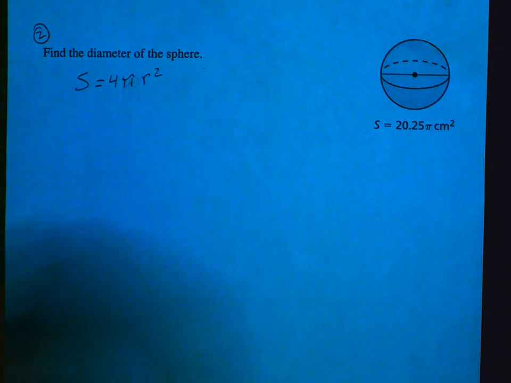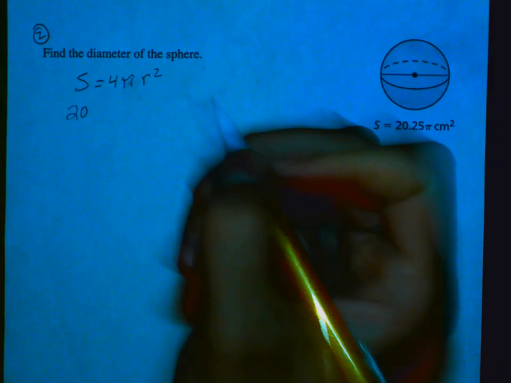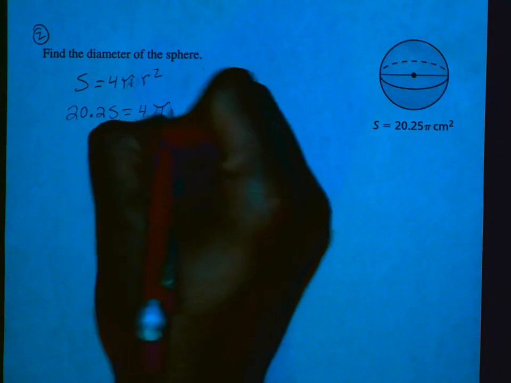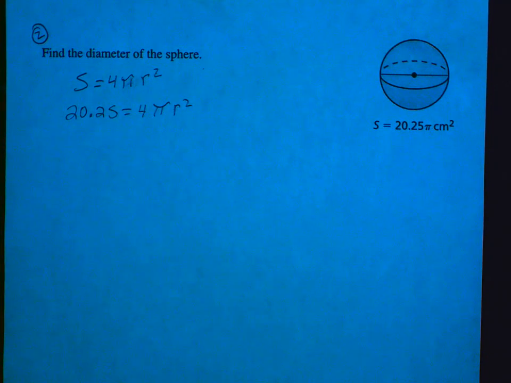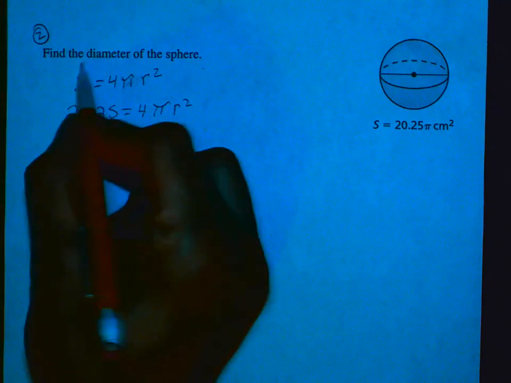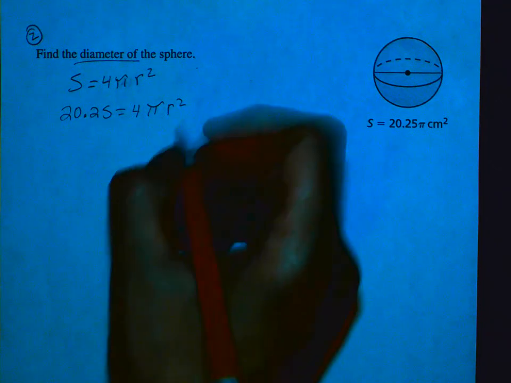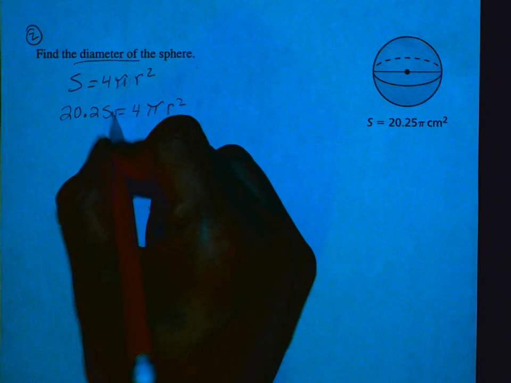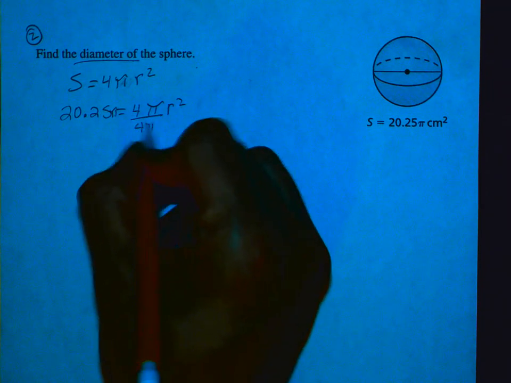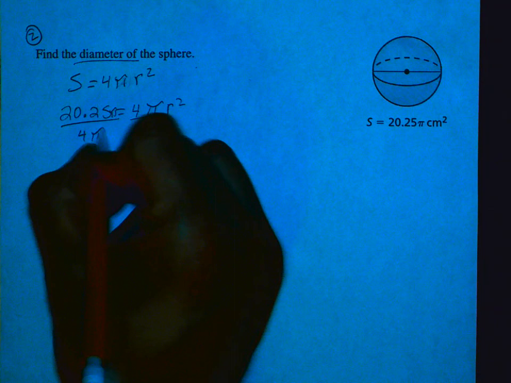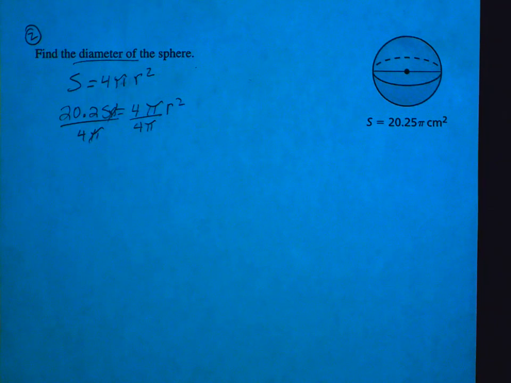So we're going to set 20.25 pi equal to 4 pi r squared. Our goal is to find the radius so that we can double it to get the diameter, because we know that the radius times 2 equals the diameter. So we're going to be dividing this by 4 pi. The pi's divide out.